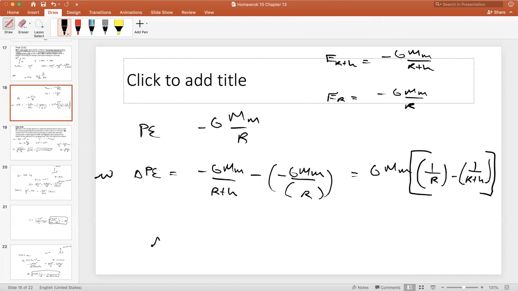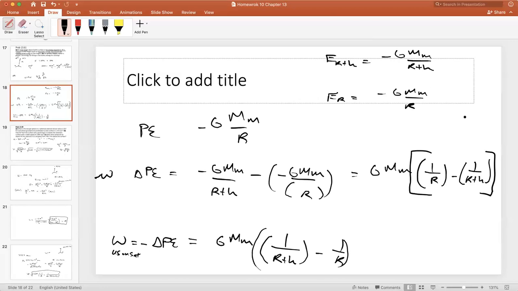So the change in potential energy, the work done by us on satellite, is equal to the negative of the change in potential energy, which is the negative of this, which is G M M times 1 over R plus H minus 1 over R. Remember, here, E at R is less than E at R plus H. And therefore, I'm sorry, that's backwards.